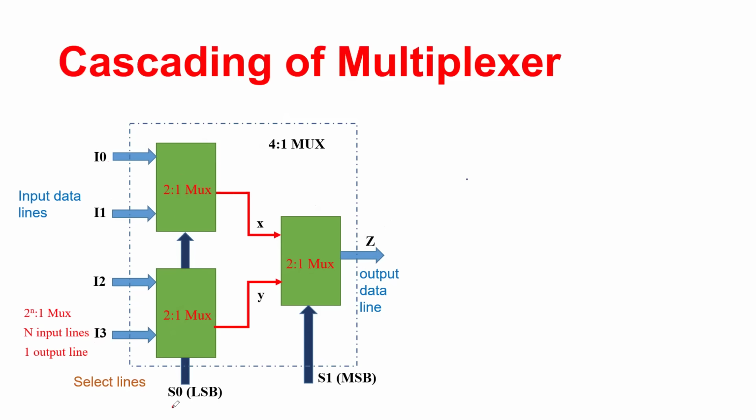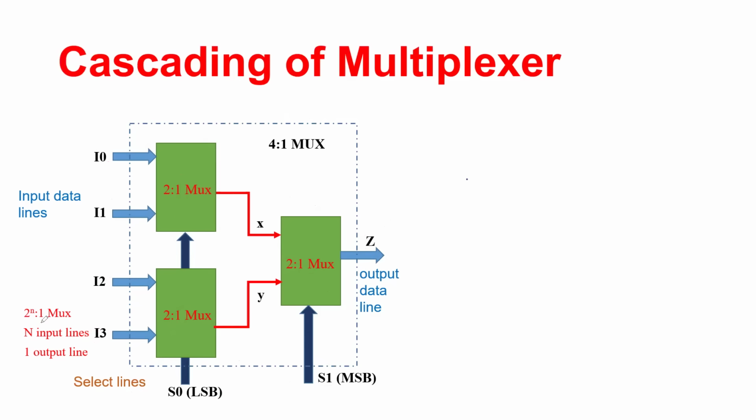And essentially, with these two combined, S1 being MSB and S0 being LSB, you've got two select lines. That is what essentially makes your 4:1 MUX.